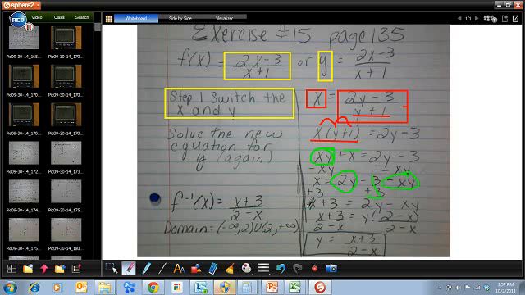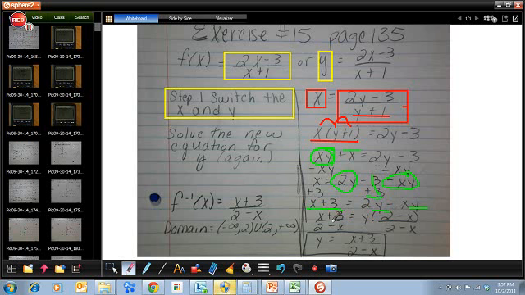And that gives me x plus 3 here equals 2x minus xy. Now, if you've been working ahead of me, you will notice that in order to get y by itself, since I have a y here and a y here, I'm going to just factor it out. So I get y times 2 minus x after I factor that y out.